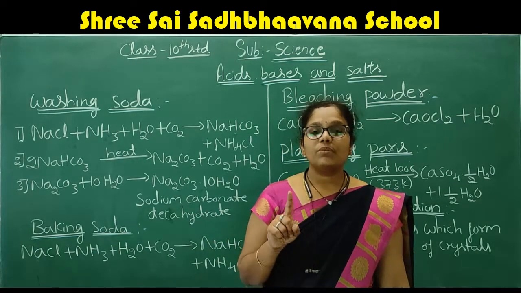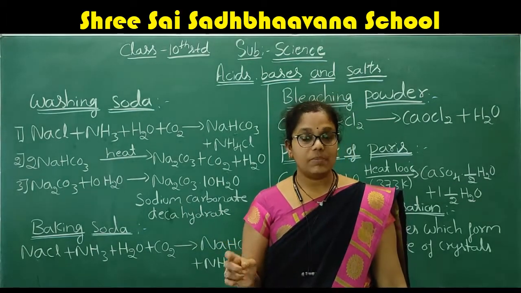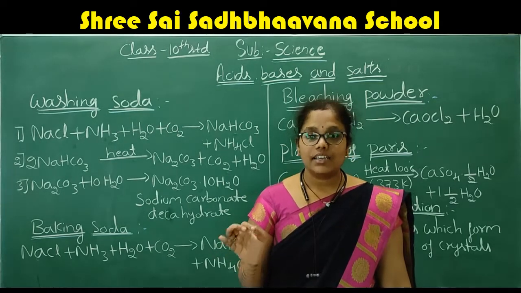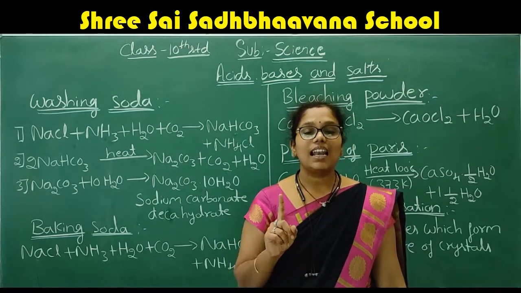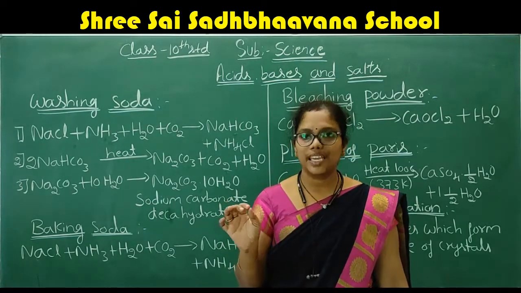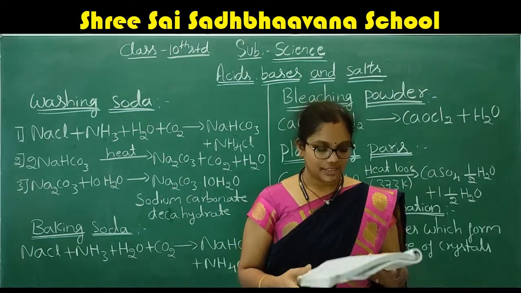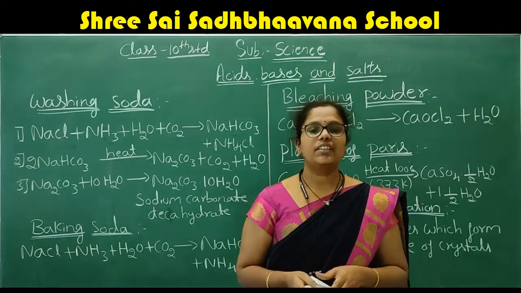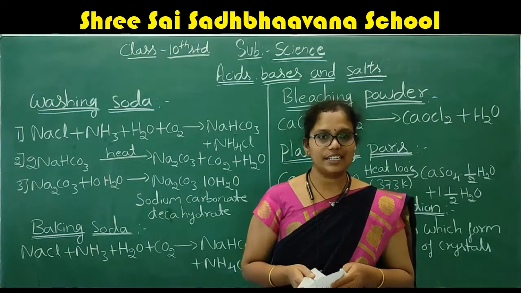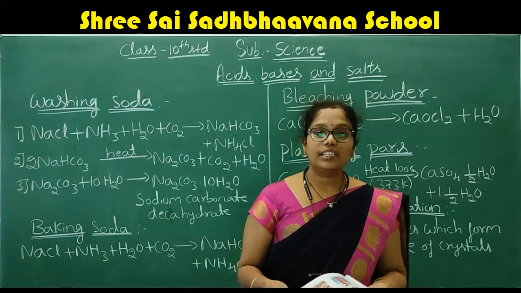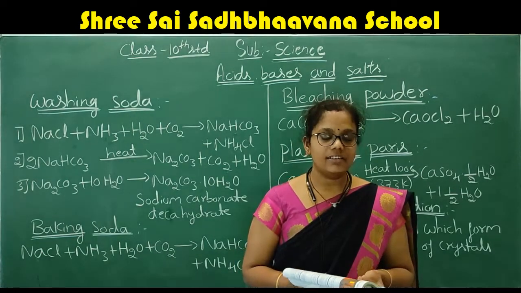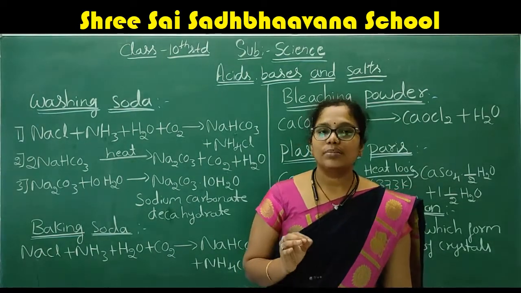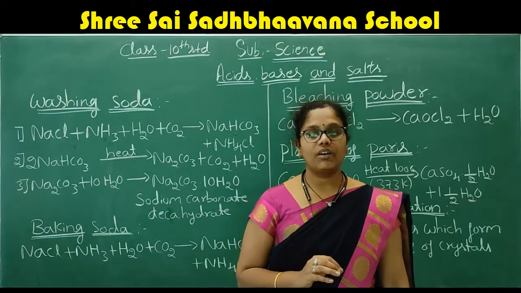The conversion from red to blue litmus paper tells that the washing soda is alkaline. That means it is a base. And the last property, detergent property. The washing powder is used as a detergent. It is used to clean clothes, right? These are the 4 important properties of the washing soda.